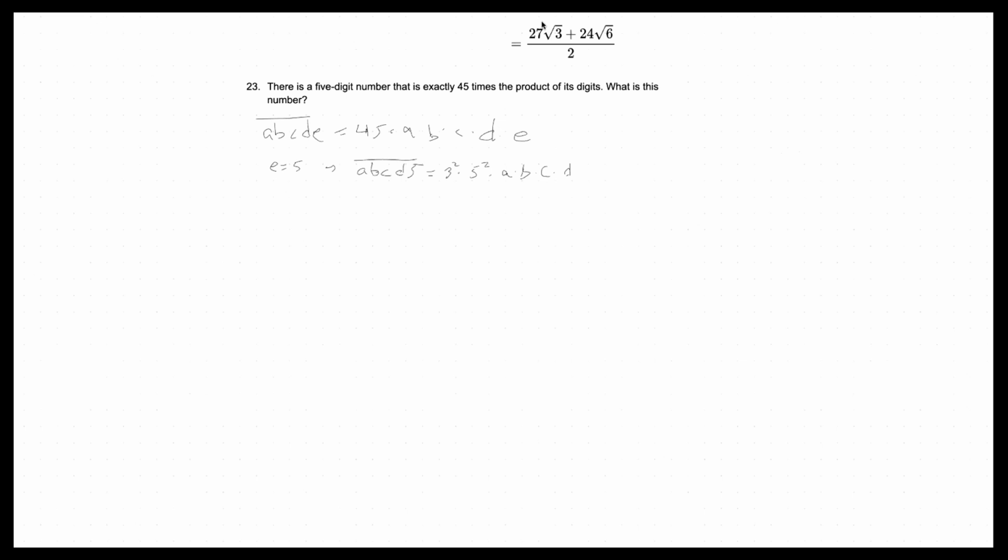So we can now rewrite this as ABC75 is equal to 3 squared times 5 squared times 7 times A times B times C. And now for A, B, and C, you see that this number ABC75 is a multiple of 9, which means that A plus B plus C plus 7 plus 5 is a multiple of 9.